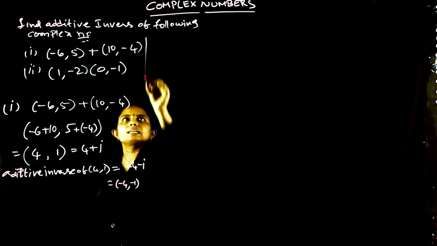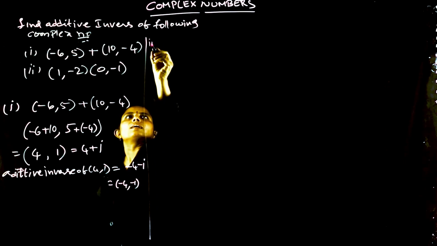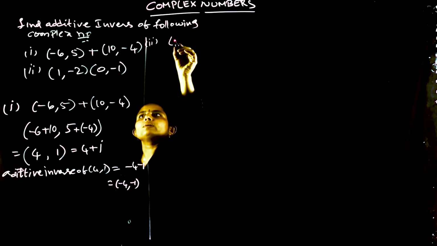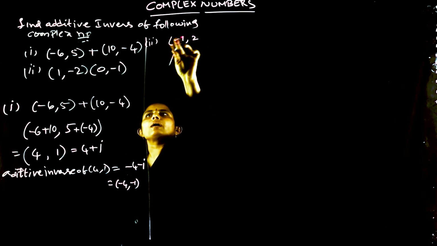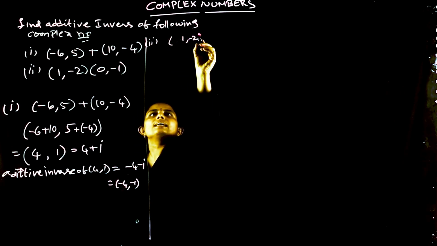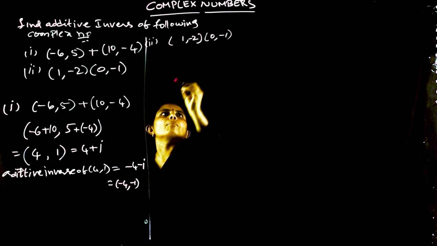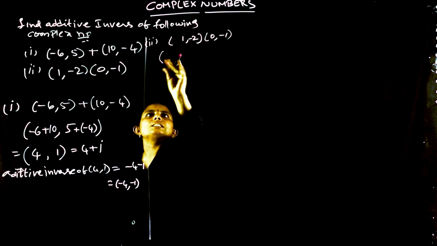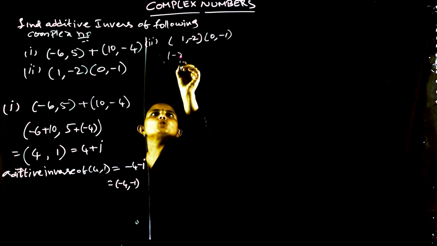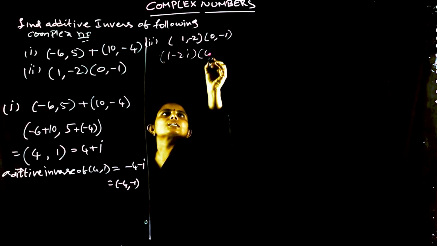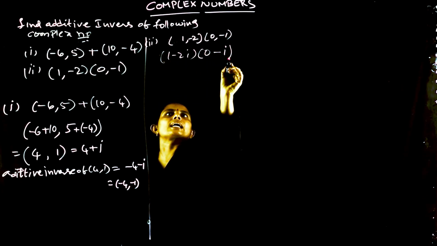Now let us see second problem. Find additive inverse of 1 comma minus 2 and 0 comma minus 1. So it is 1 minus 2i times 0 minus i.